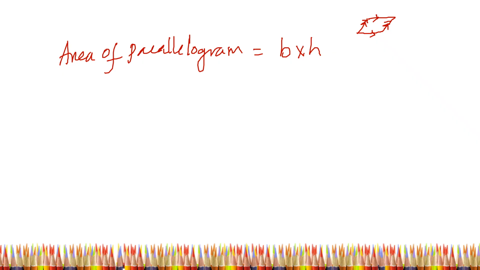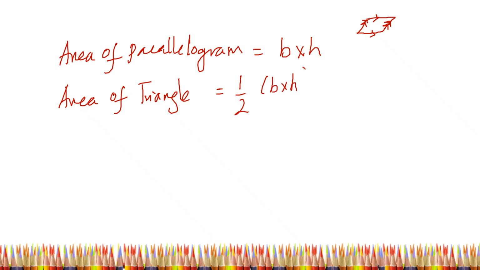Because this figure shows the opposite sides are parallel and equal in length. Now in case of area of triangle, we have 1/2 b multiplied by h, right?